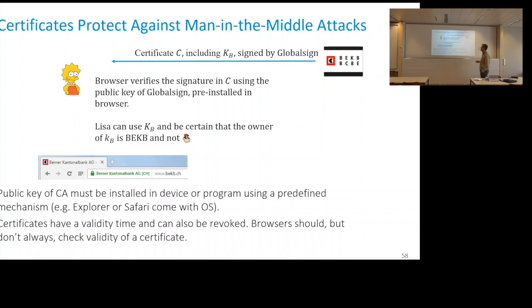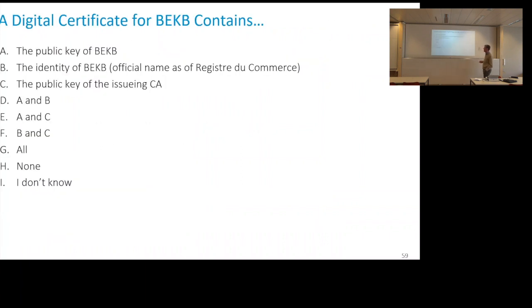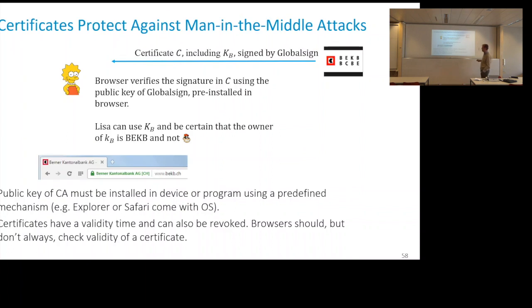And therefore, when she sends everything to the bank, she will sign it, she will use the public key to encrypt everything, and then the man in the middle, who does not have the private key, will not be able to decrypt it. The man in the middle has his own private key that is hopefully not signed by a certificate.